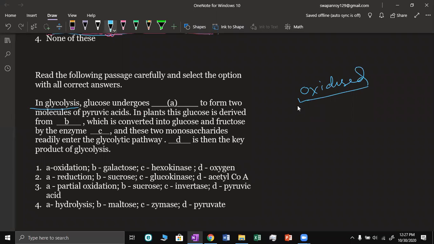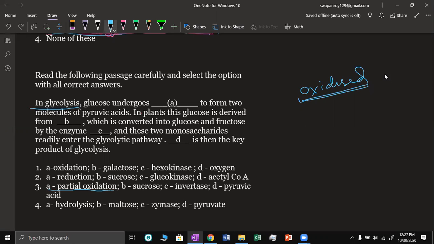No, because complete oxidation takes place after glycolysis, then the Krebs cycle, then only it is complete oxidation. So here, glucose undergoes partial oxidation to form two molecules of pyruvic acid.